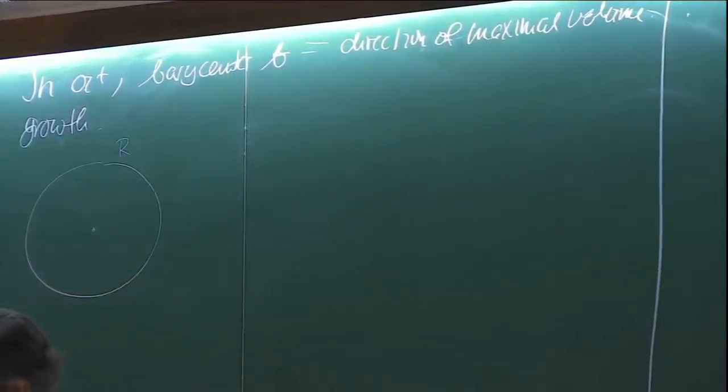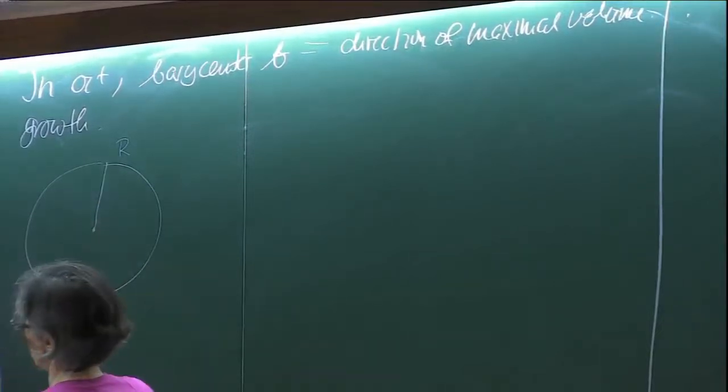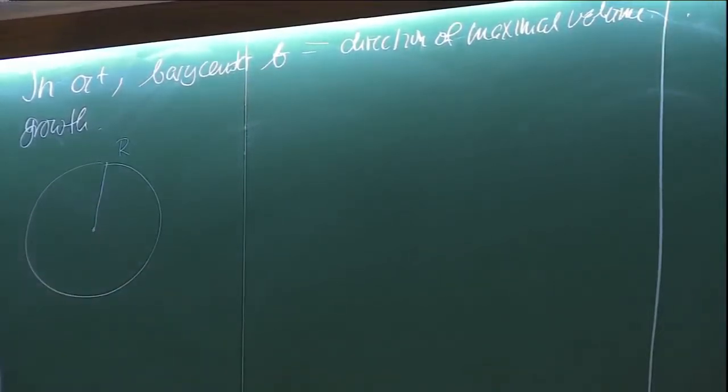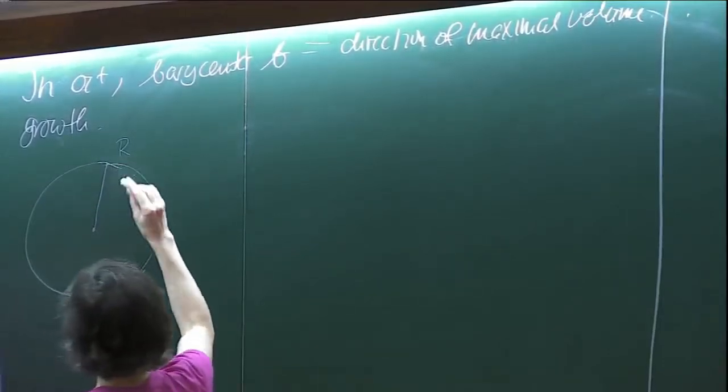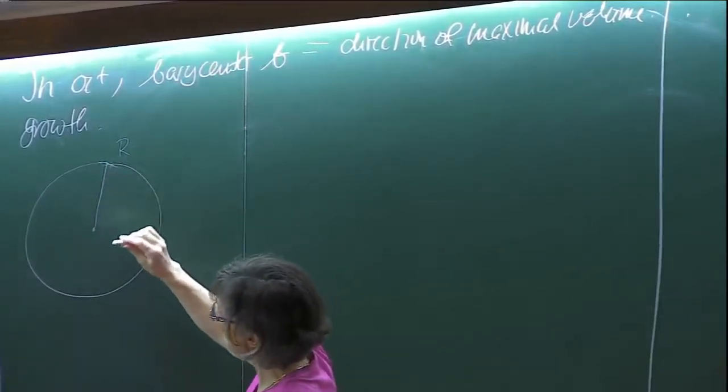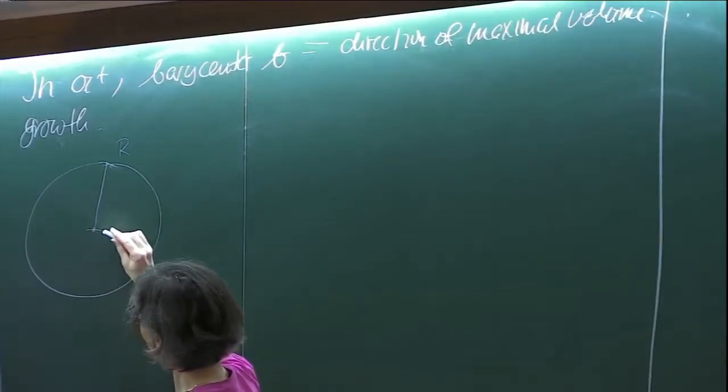So this is the image under the exponential map of the sphere in the tangent space of radius r. Now you go along a geodesic, which has some direction, and you ask what is the volume growth along the geodesic.